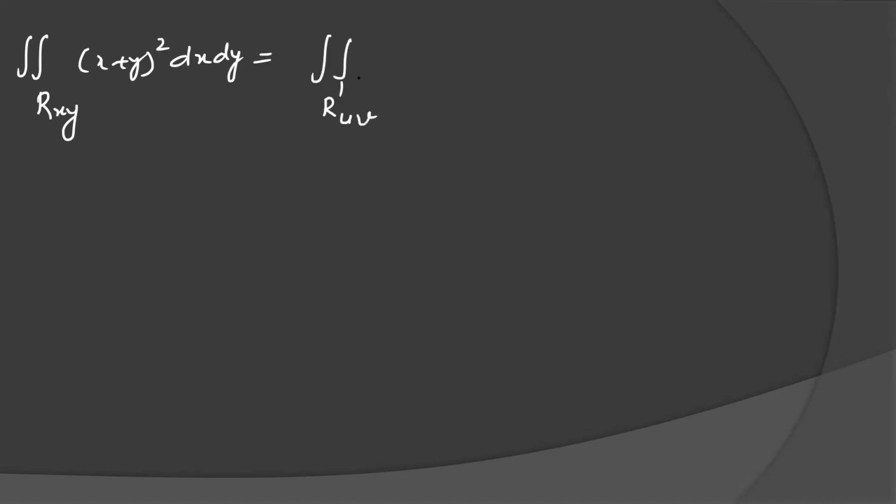Now change the system. The integral over the region in the xy plane of (x plus y) whole square dx dy will be equal to the integral over the region in the uv plane. x plus y is nothing else, it is your u, so u square mod of J du dv. So that will be u square, mod of J is 1 by 3, du dv.